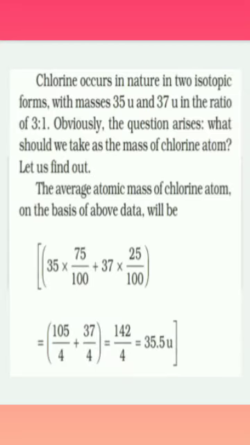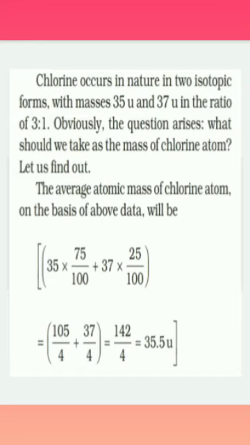And then chlorine occurs in nature in two isotopic forms, with masses 35 unit and 37 unit in the ratio 3:1. So the question arises, what do we take as the mass of the chlorine atom, 35 or 37?